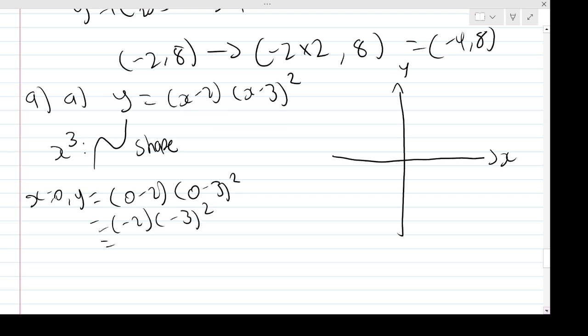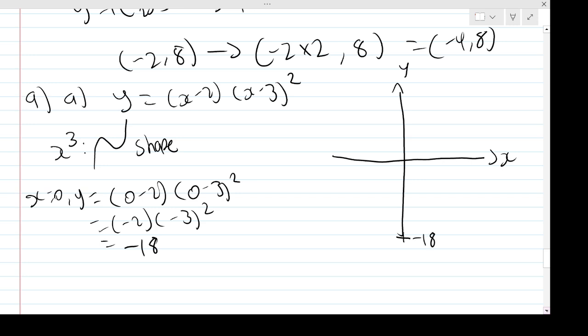And that would give me minus 3 times minus 3, positive 9, times minus 2, you get minus 18. Okay, so the y-intercept will be all the way down here, actually at like minus 18.